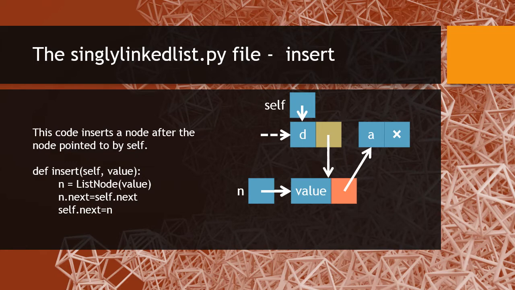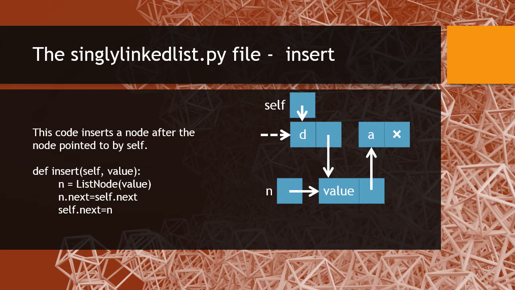Now self.next and n are pointing to the same node which contains value. Let me rearrange the picture for you. Now do you see that the node value has come between the node containing D and the node containing A? Or I can say that the insertion is complete.